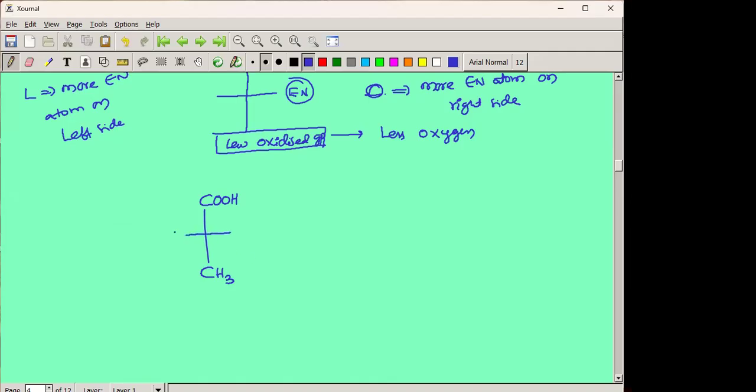For the remaining groups, H and OH, if OH is present on the right side, this is considered D-lactic acid. If it is present on the left side, that is called L-lactic acid.